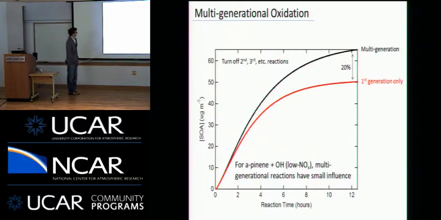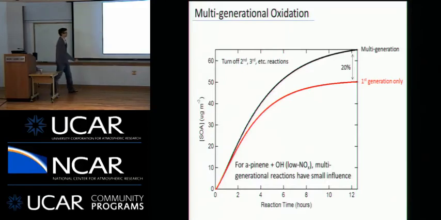If we do that in this case, the black line here is the simulation we were looking at before, the best fit to the chamber data. And the red line here is if I turn off all 2nd generation and higher chemistry.